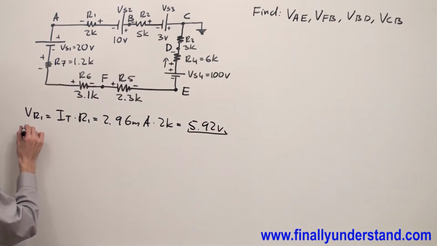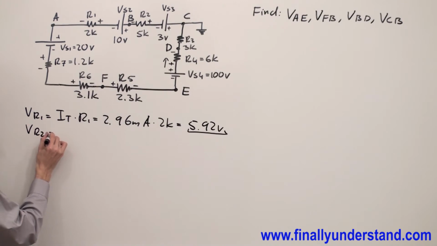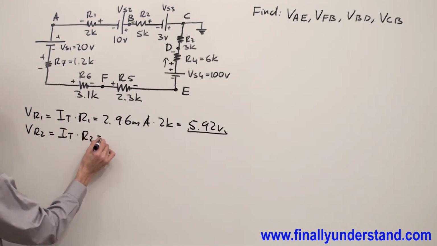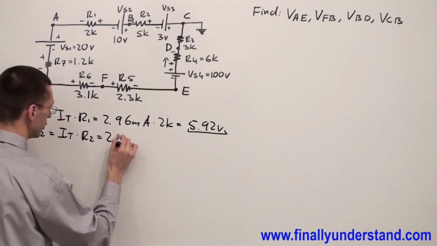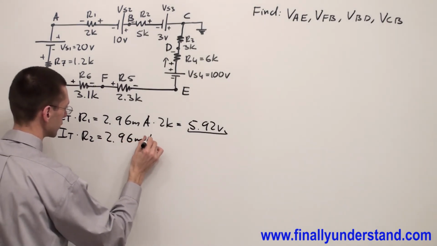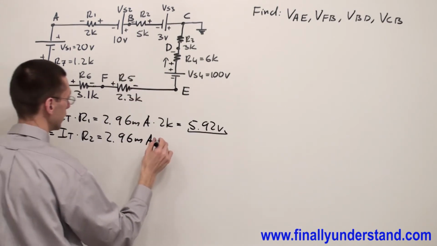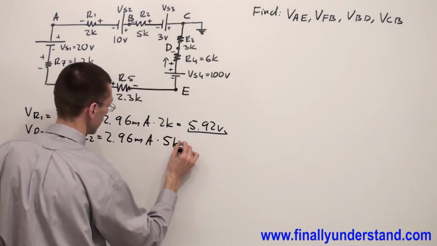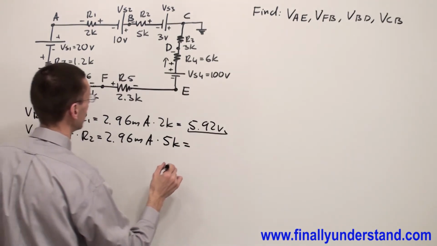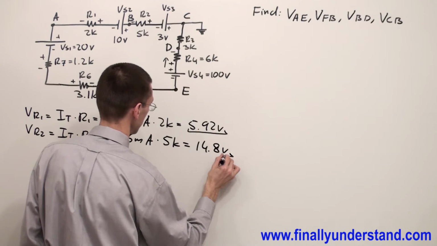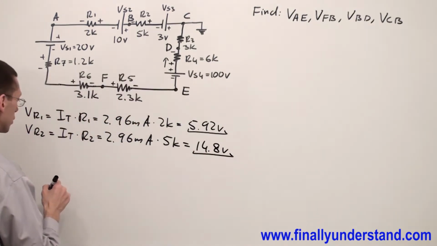Next, I'm supposed to find VR2. VR2 is I total times R2, which is equal to 2.96 milliamps times R2, which is equal to 5 kilo. This is equal to 14.8 volts. This is voltage across resistor R2.